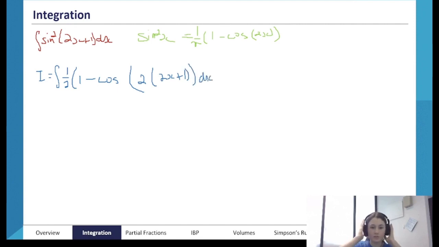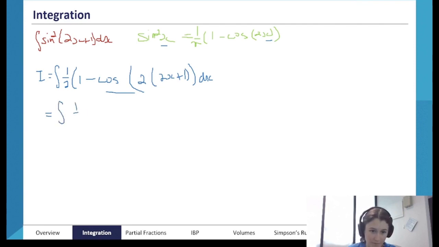As you can see here, we substituted our 2x plus 1 angle in for x. And now in our integral, instead of having a sine squared, we just have a plain old cos, which is a lot better. We have no squares. Now we can simplify this and see what else we can do to be able to integrate this.